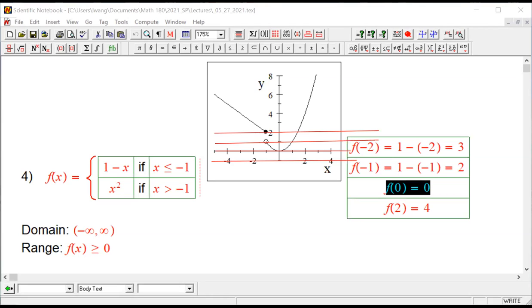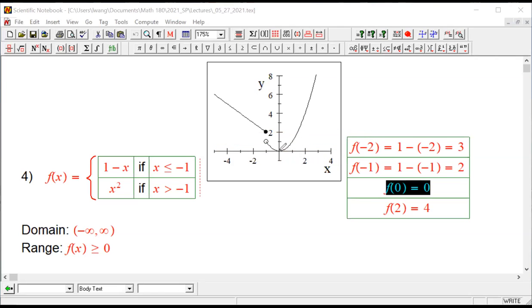Oh, the range. No, the range would not include negative infinity, right? The value will never go beneath 0. If you draw a horizontal line below, you're never going to touch the curve, so you don't get that range.